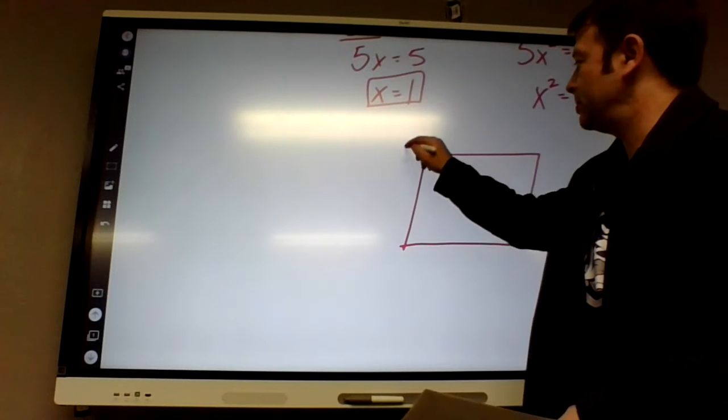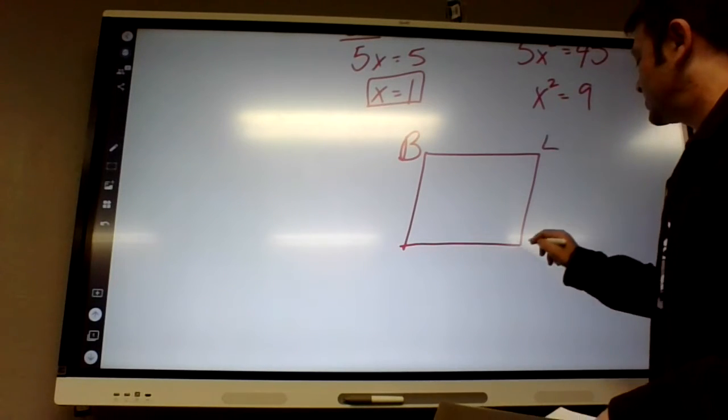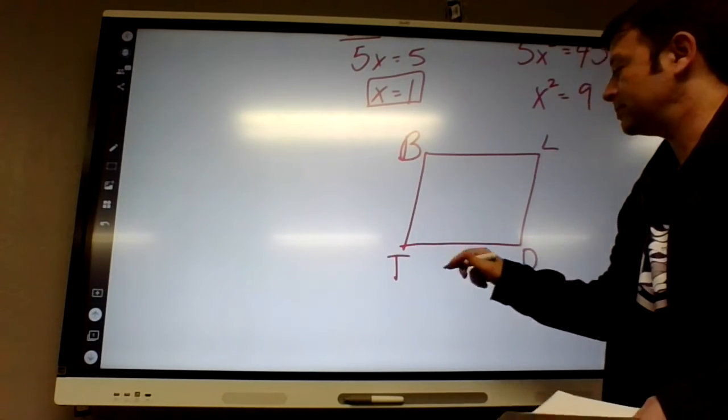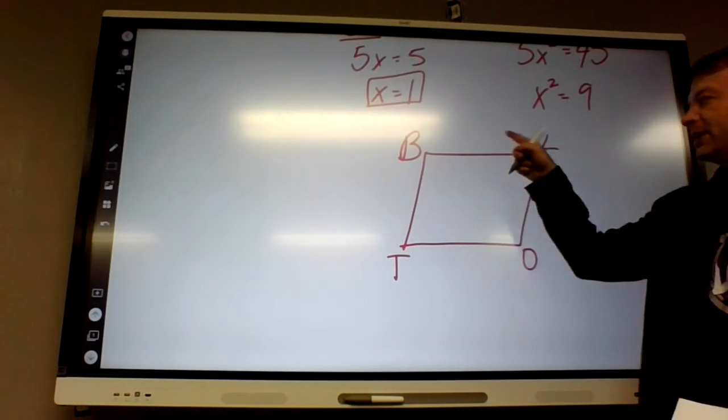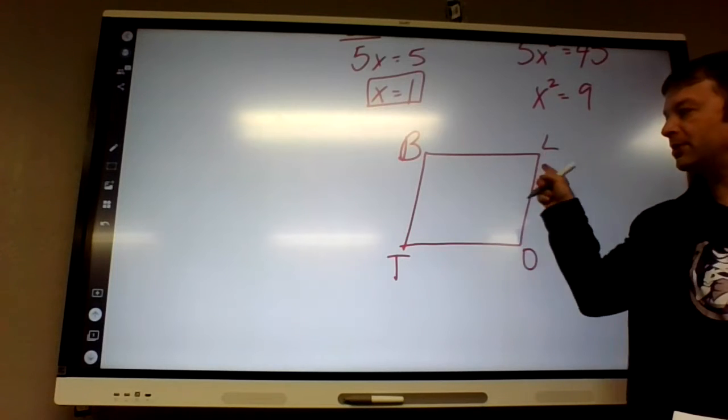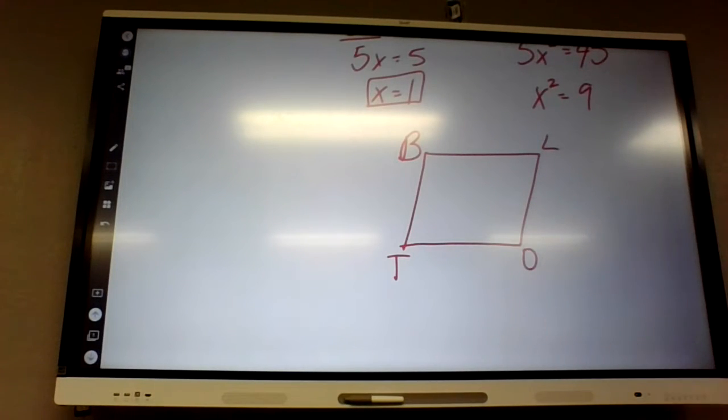By the way, the order does matter here. If it says quadrilateral BLOT, it has to go in order, B-L-O-T, clockwise or counterclockwise.